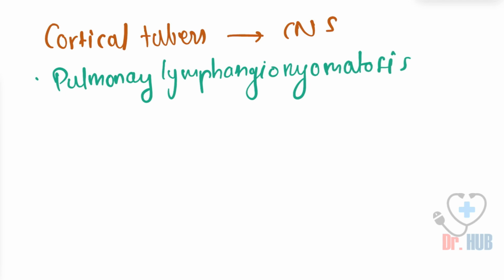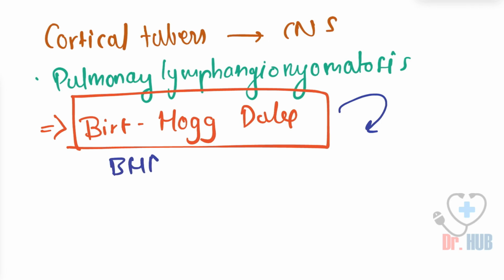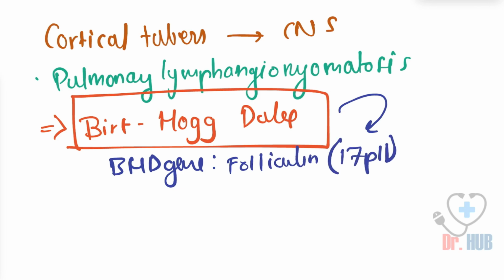Next, we are going to look at the Birt-Hogg-Dubé syndrome. So under this, the mutation lies in the BHD gene, folliculin, at 17p11.